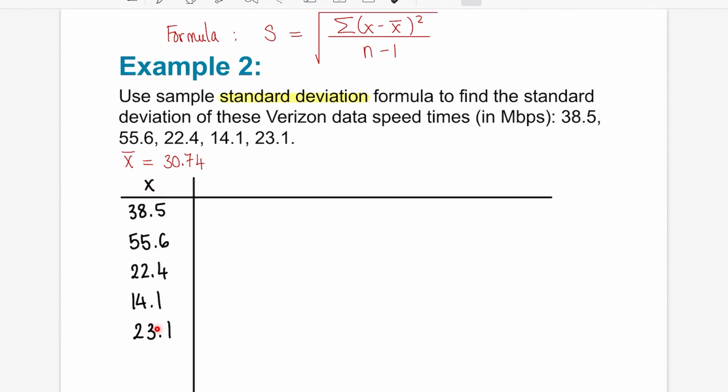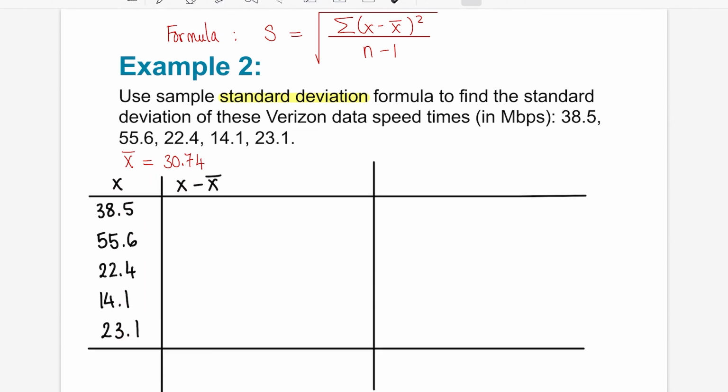So I list all of my x's here. Next, I am going to take x minus x bar. So I'm going to take 38.5 minus 30.74, 55.6 minus 30.74, 22.4 minus 30.74, 14.1 minus 30.74, 23.1 minus 30.74.